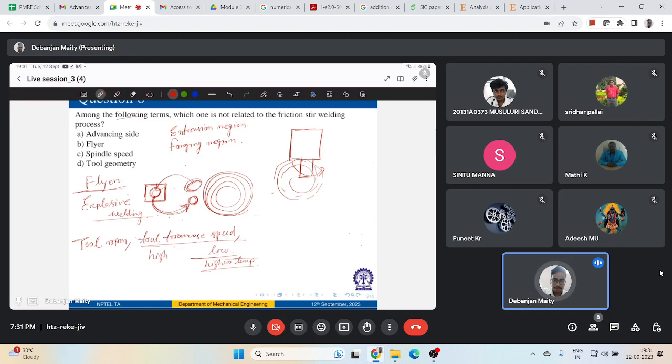Everyone agreed that low welding speed will provide you higher temperature? Yes. Okay.